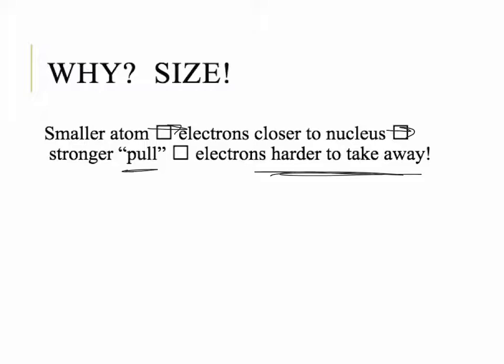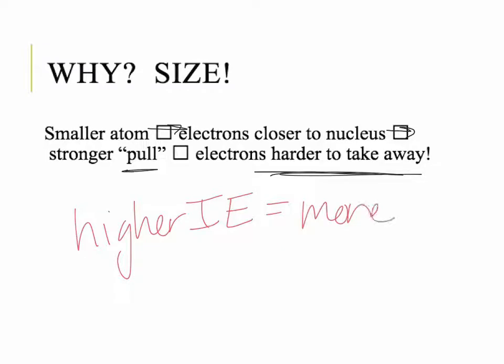Remember that a higher number for your ionization energy means it's more difficult to pull that electron off. It becomes more difficult to pull the electron off when the hold that the nucleus has on it is very strong. And the hold that the nucleus has on it is related to both distance and strength of that nucleus.